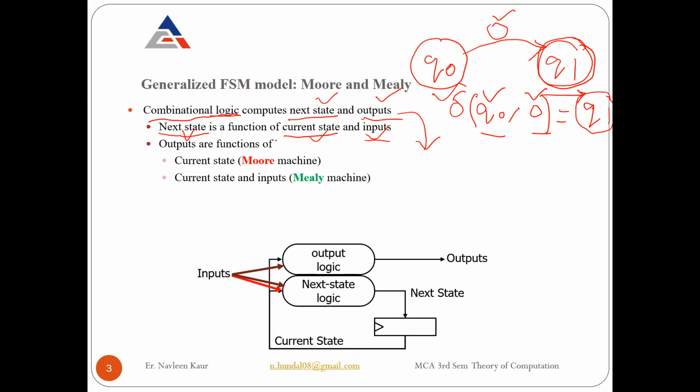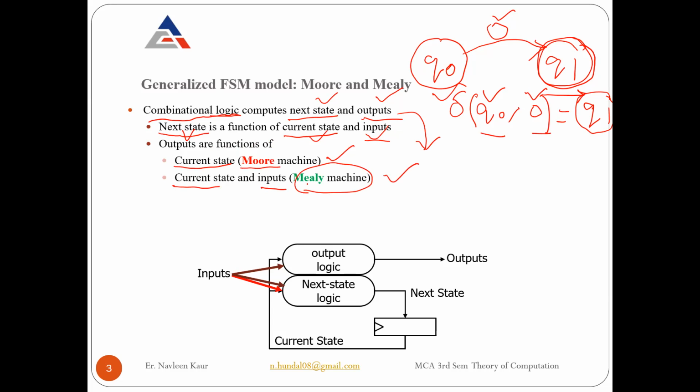Outputs are actually dependent upon two different things. If the outputs that you get depend upon only the current state, it means you are working with a Moore machine. But if your output depends upon the current state and input also, it means you are working with a Mealy machine.